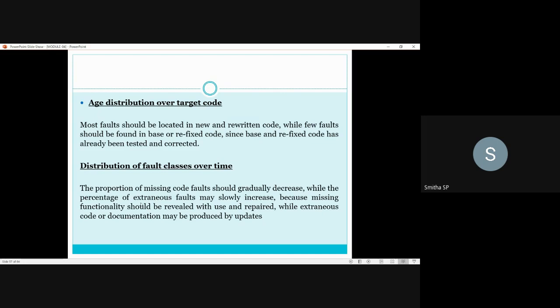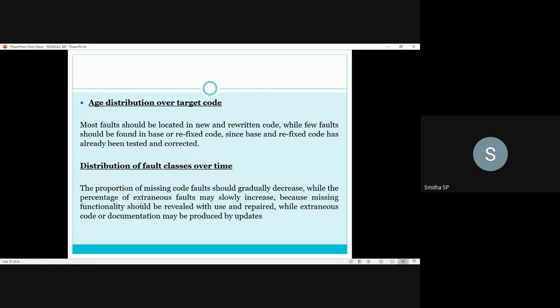But you can see a few faults in the base code and refixed code. There is a difference between rewritten and refixed. Most of the faults will be located in the new code and rewritten code, while few faults you can observe in the base code and refixed code. Why? Because you have already tested it and corrected it.